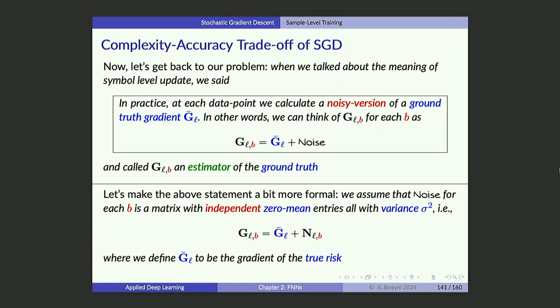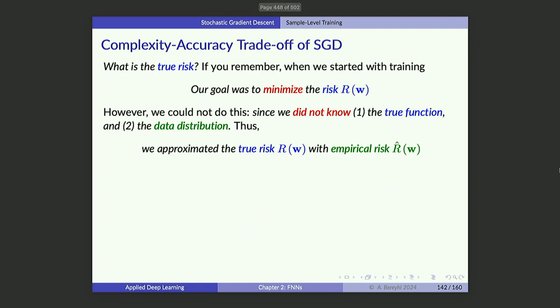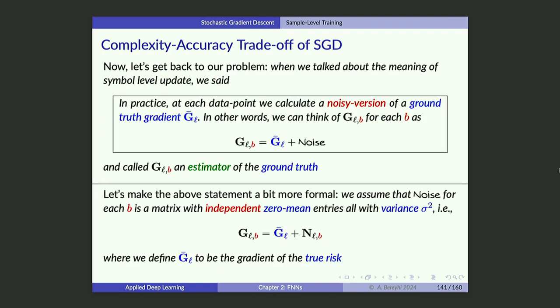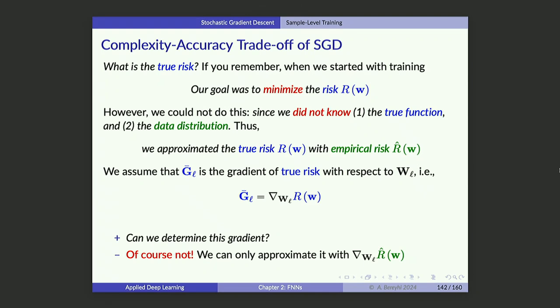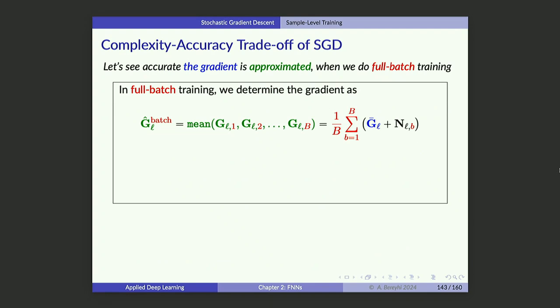Now, I wanted to compute this G bar, and I couldn't, so I went ahead and computed the gradient of this R hat, right? And what is this, the full batch gradient? This is basically the average of all of those sample gradients that I compute, right?